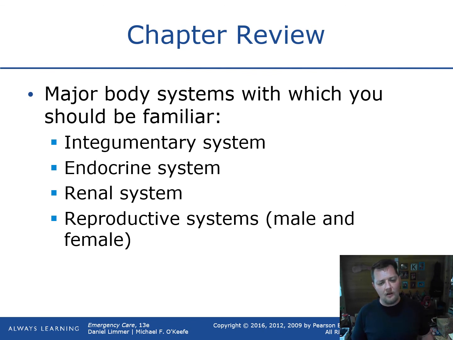You've got to know it all. You don't have to know it on a cellular level, or even at a college anatomy and physiology level, but you have to have some idea of how it all works together and gets formed together.